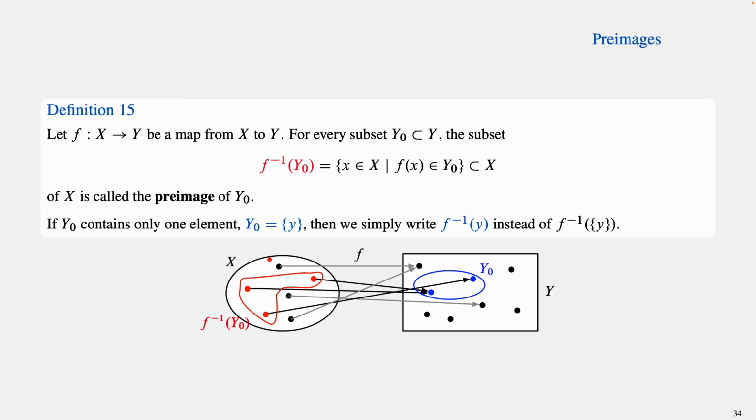We have the map f from X to Y, and I pick a subset Y0 of Y. This is not the whole image of X, it's just a subset. And the pre-image consists of all the elements in X that get mapped to elements in Y0. So the red elements in X here are the only ones that get mapped to blue elements in Y. So these make up the pre-image of the set Y0 here.